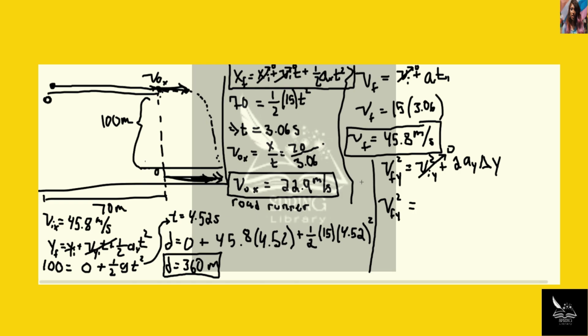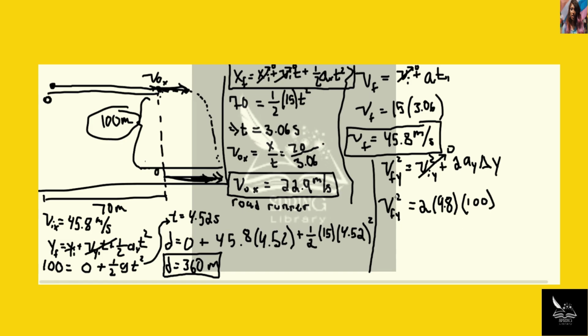There's nothing in vertical at the beginning. And then we have 2 times our acceleration downward, which is 9.8. It's working with us, so I'm not using a negative sign here. We're moving along the direction of where the gravitational field is pointing. And I'm going to put my 100 in here for my delta y. That's this distance of the vertical height, 100.